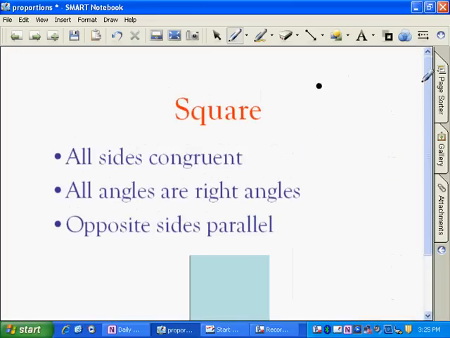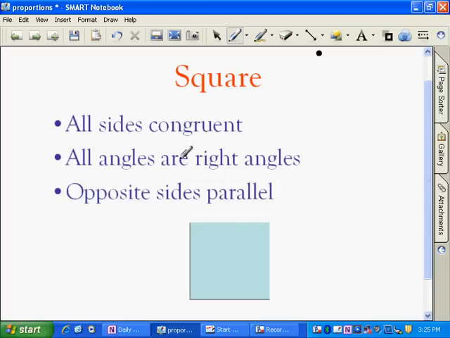Then we have a square, which we have here. All sides are congruent. All angles are right angles, and opposite sides are parallel. I kind of think of it as really hard to be called a square. It's very hard to be classified a square because it's such strict criteria. And the main thing is all right angles and all sides congruent.